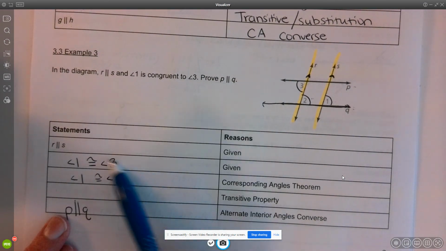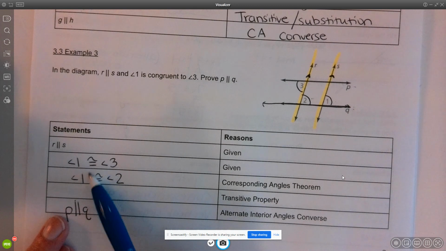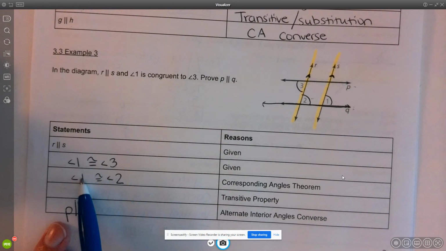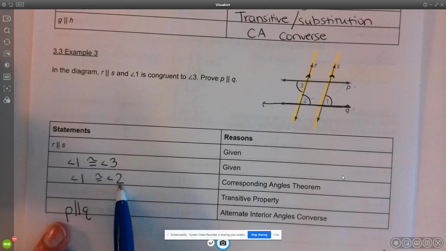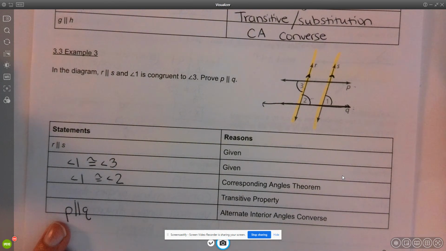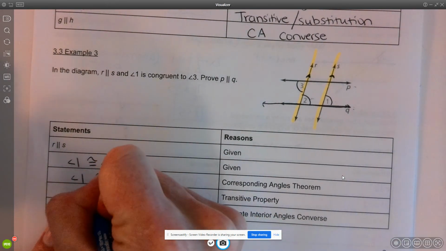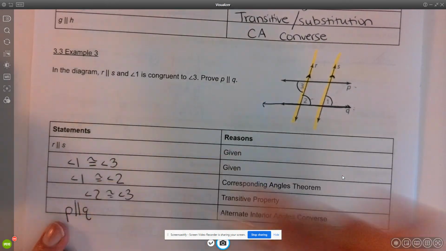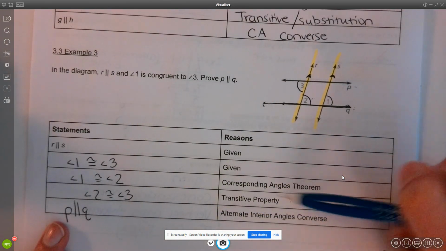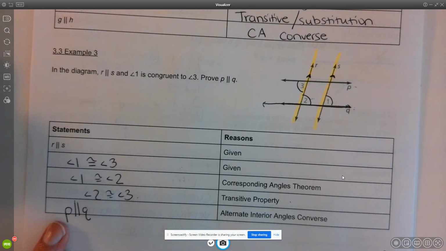And so let's see if we can figure out if 3 is congruent to 2 using our statements up above. Well, angle 1 is congruent to both angle 3 and angle 2. So that would mean angle 2 and 3 also have to be congruent. And from using these two statements up above, we're using the transitive property to say that angle 2 is congruent to angle 3.